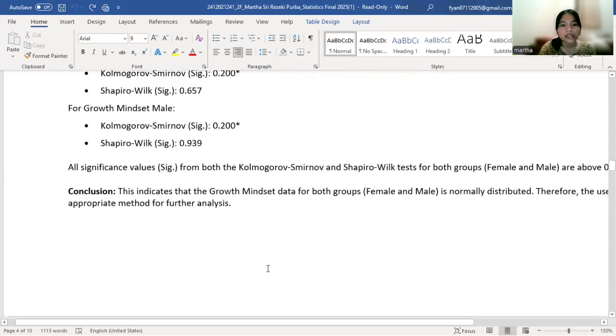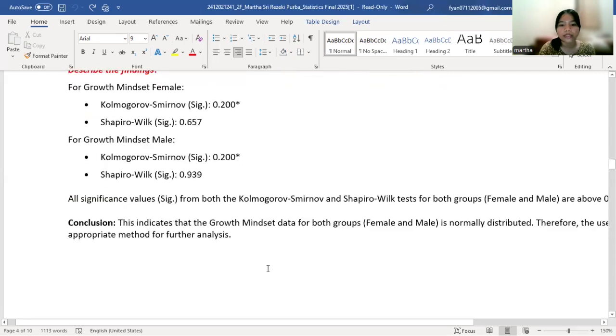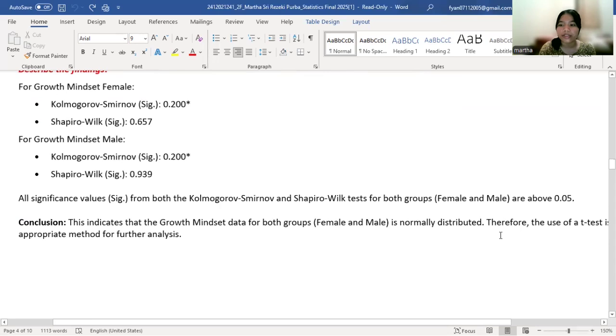This indicates that the growth mindset data for both groups, female and male, is normally distributed. Therefore, the t-test is an appropriate method for further analysis.